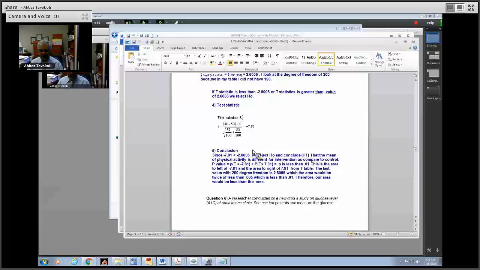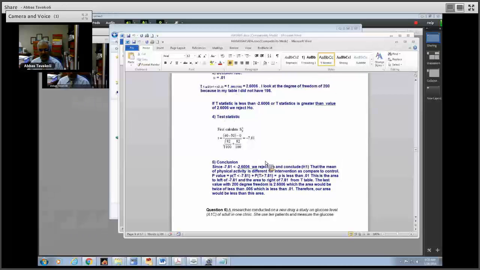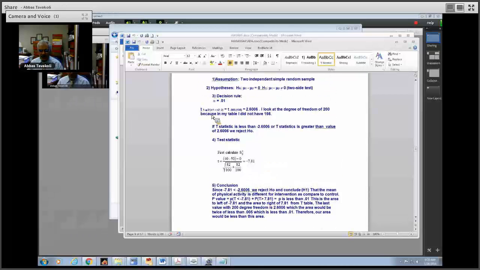You get negative 7.81. And here the question was, can we conclude the mean physical activity is different? So there is no direction, so it's a two-sided t-test. So you find t at 1 minus alpha over 2, or t 0.995, because our alpha was 0.01.